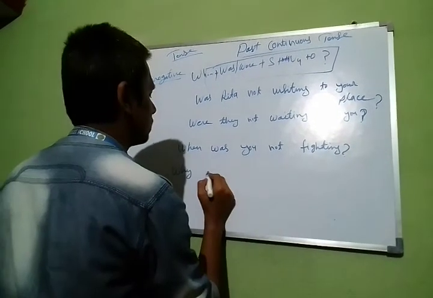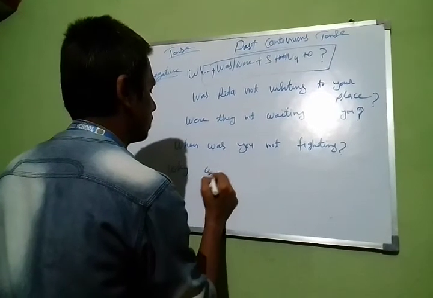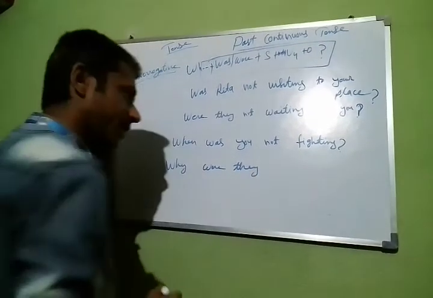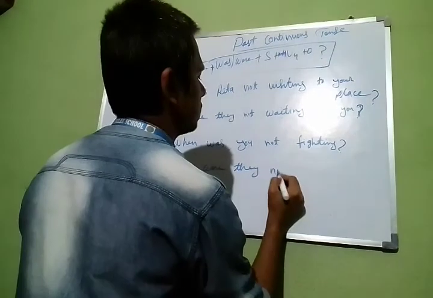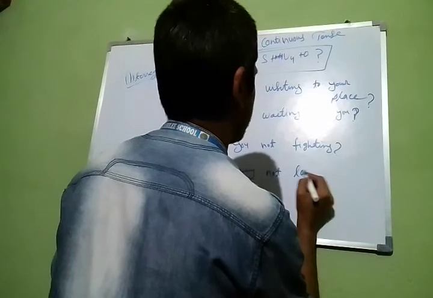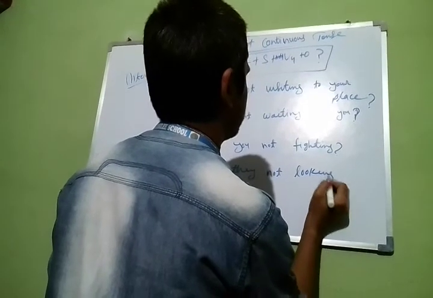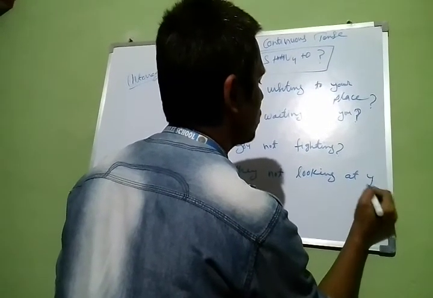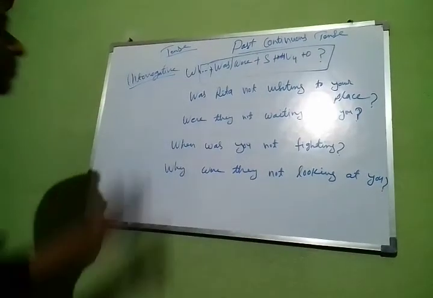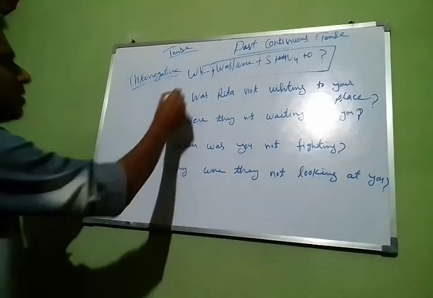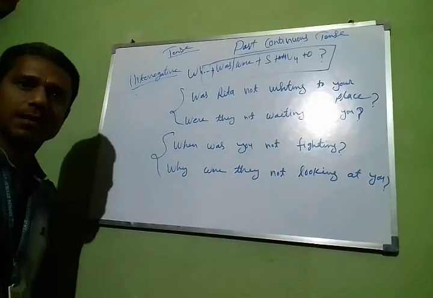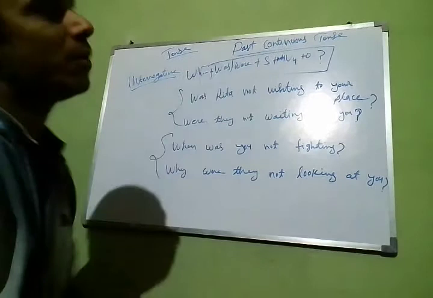Why were they not looking at you? Okay, so these are examples of simple interrogative negative sentence and WH interrogative negative sentence of past continuous tense.